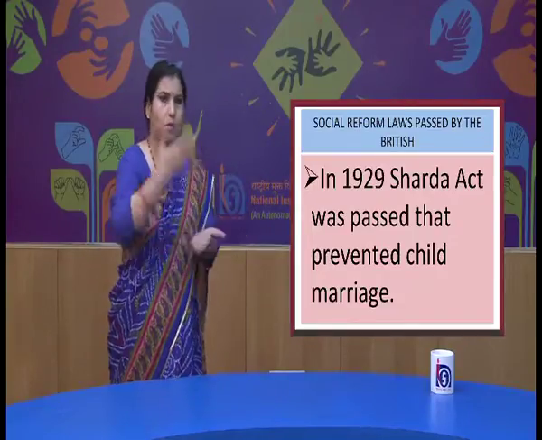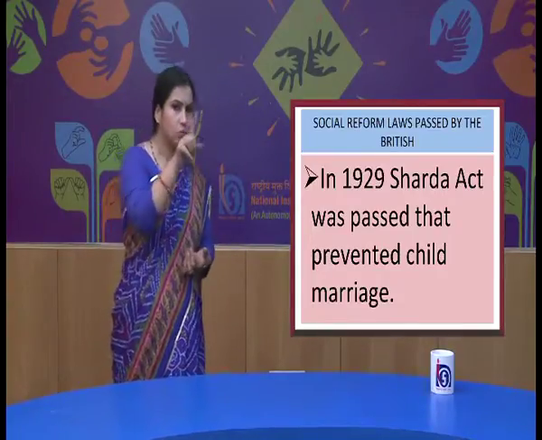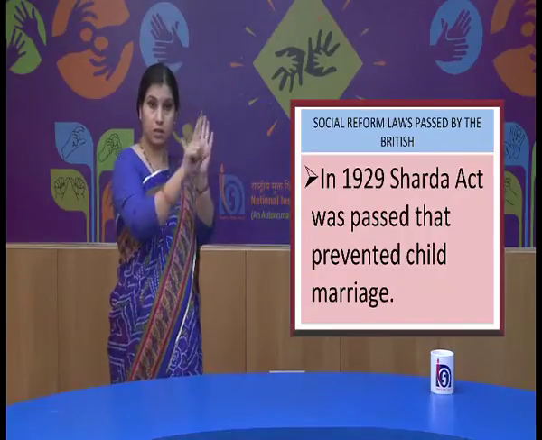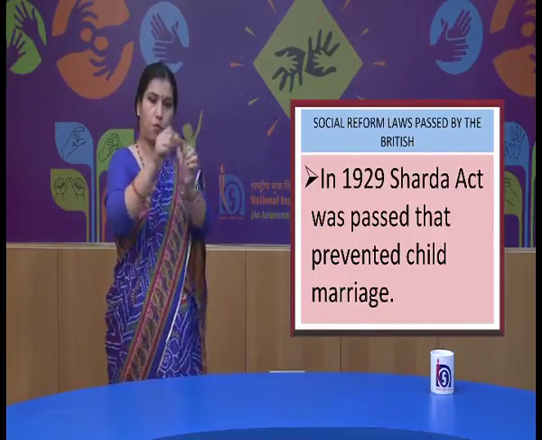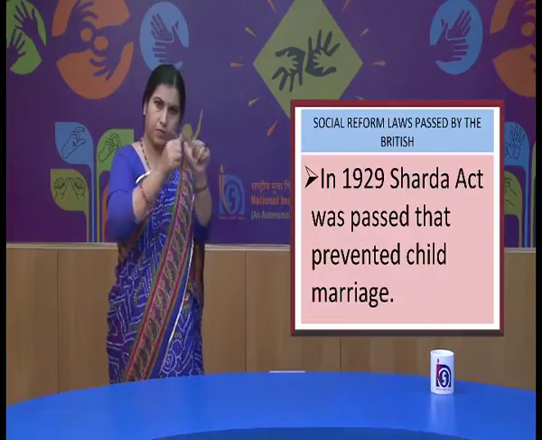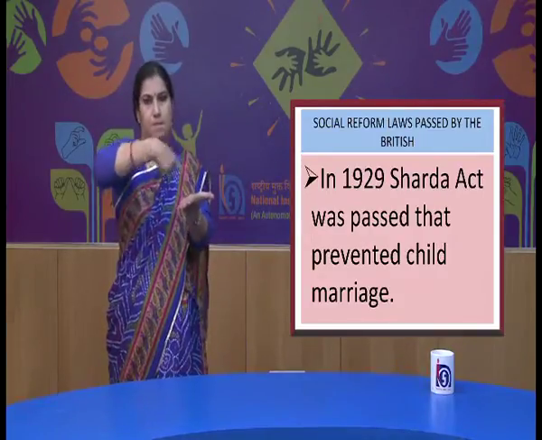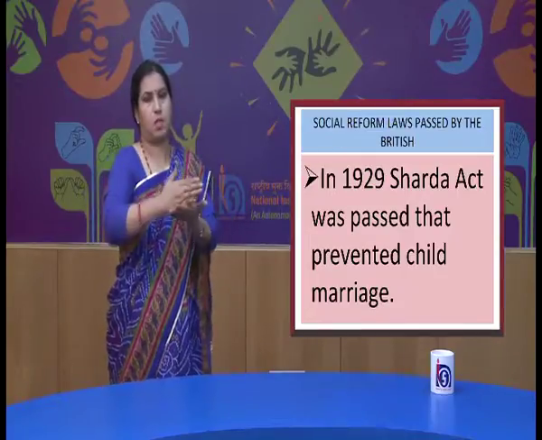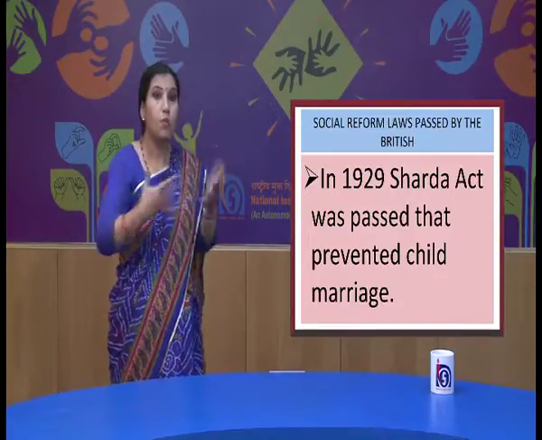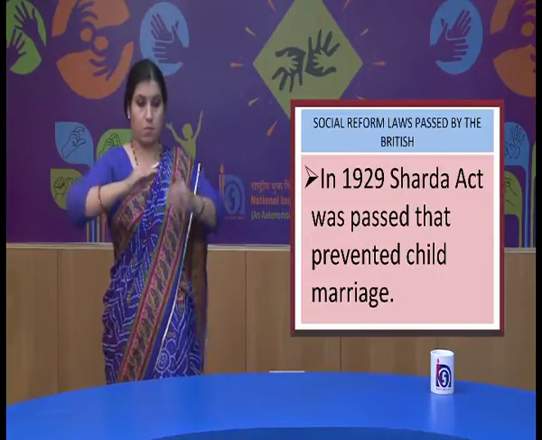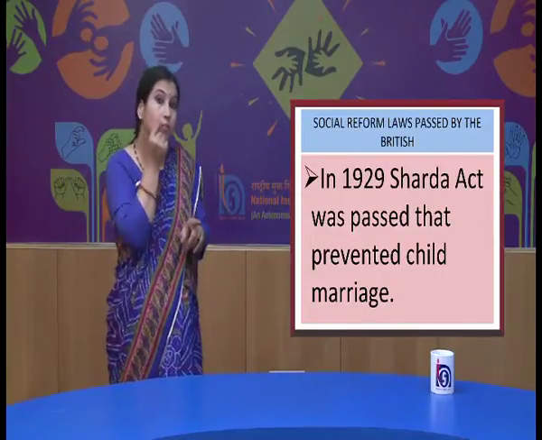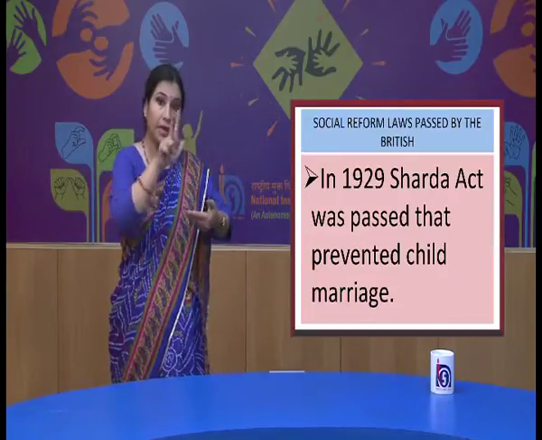In the year 1929, Sharda Act was passed that prevented child marriage. According to this act, the minimum age of marriage for girls was 14 years and for boys it was fixed at 18 years.